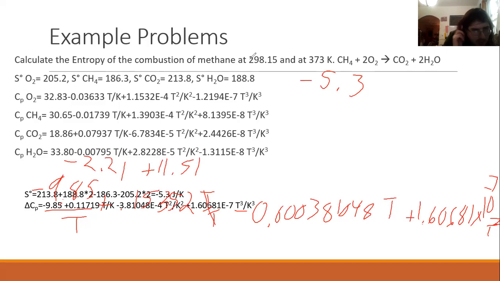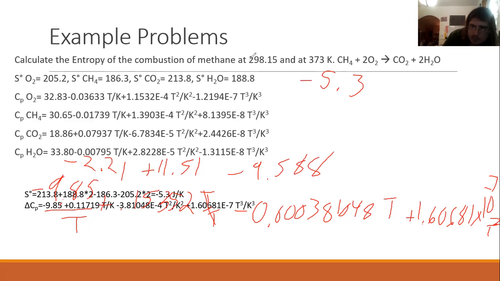So that's going to be a little bit of a different one. Negative 0.0381048 divided by 2 times the difference between 373 squared minus 298 squared, negative 9.588.